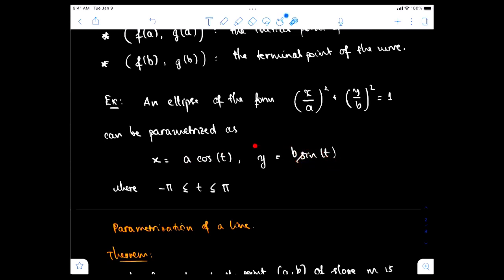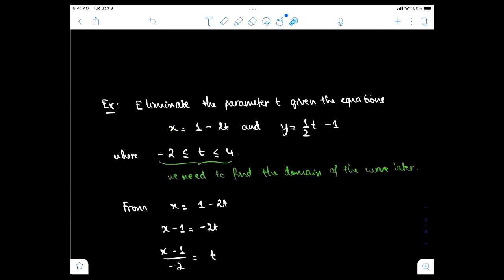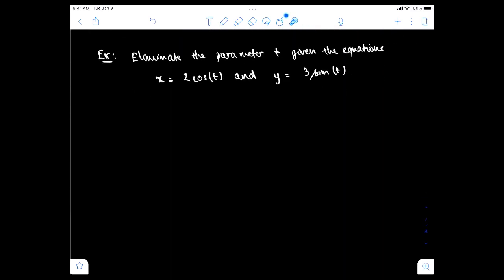And you can rewrite these parametric equations into the standard form. So how could you do that? For an ellipse and a circle, the technique is a little bit different. You have to use a trigonometric identity.